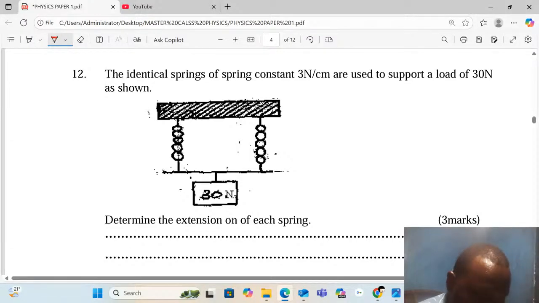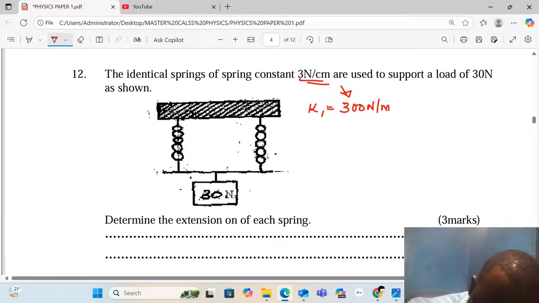But first, let's convert K for one spring, 3 newtons per centimeter, which is equivalent to 300 newtons per meter.